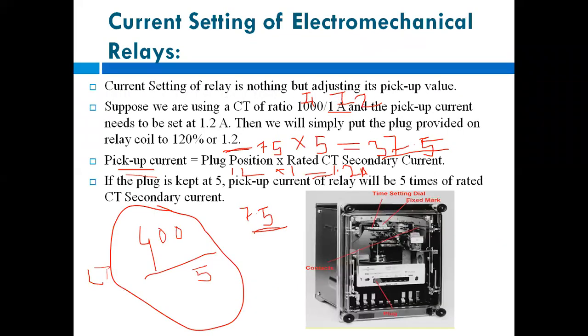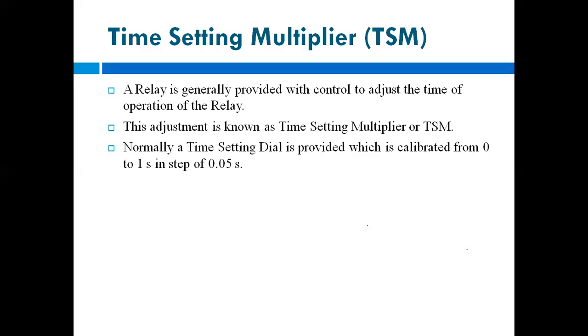In one figure there is a time setting dial, by which you can set the time. A relay is generally provided with a control to adjust the time of operation of the relay. That is nothing but your time setting multiplier.